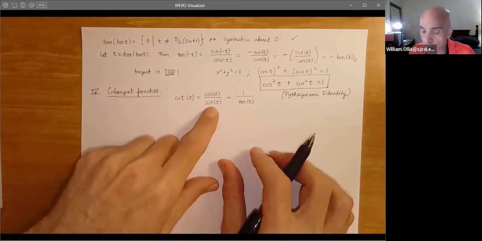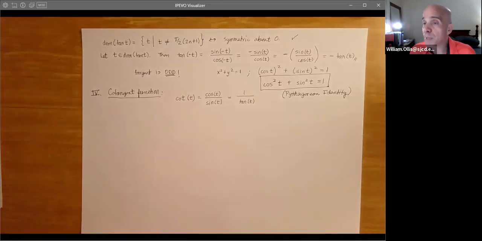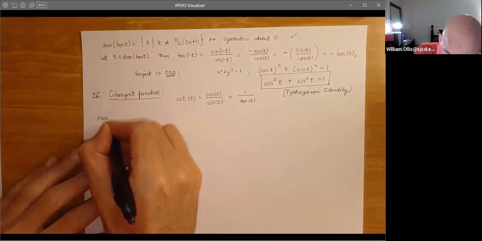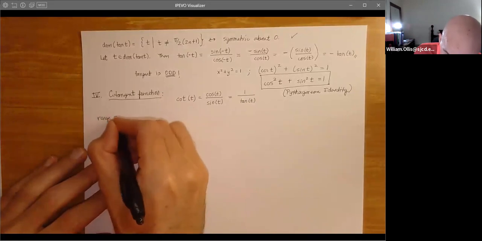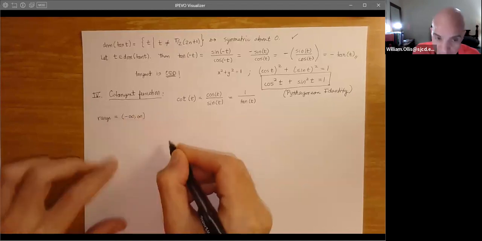Now, of course, by the same argument, the cotangent will also have vertical asymptotes, and in its fundamental branch, it will cover all real numbers like the tangent, okay? So we can already rest on the fact that the range of the cotangent function will be all real numbers. I'll just write it this way. The range will be like the tangent.